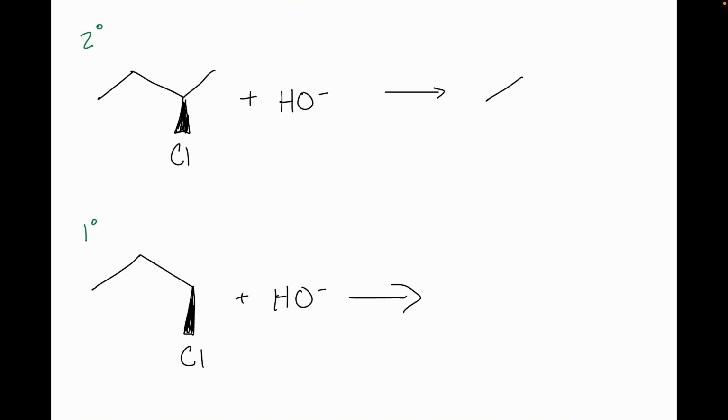All right, in the case of the secondary, we have an elimination reaction. And remember, we're going to get the more highly substituted alkene. So here's my elimination product. And in the primary, I'm going to instead have my substitution product.